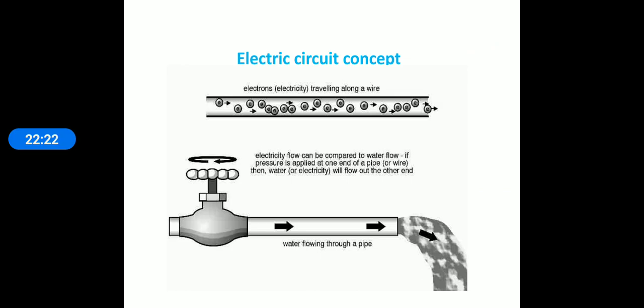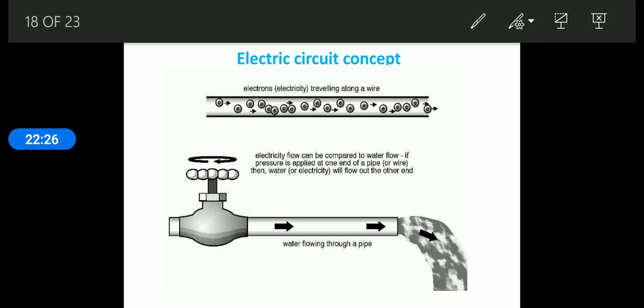Then electrical circuit concept. Here this is the wire, and through this wire a large number of electrons are flowing. If a large number of electrons flow through the wire, more current is flowing through the circuit, more current is flowing through the conductor.